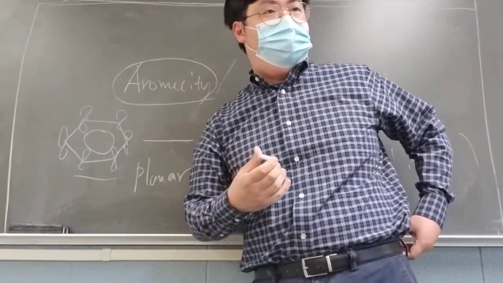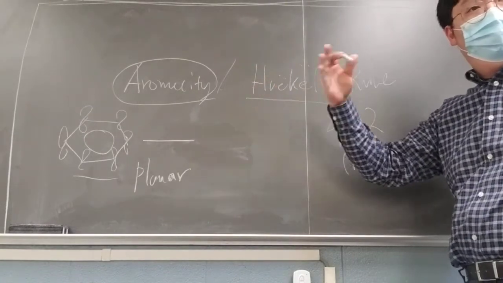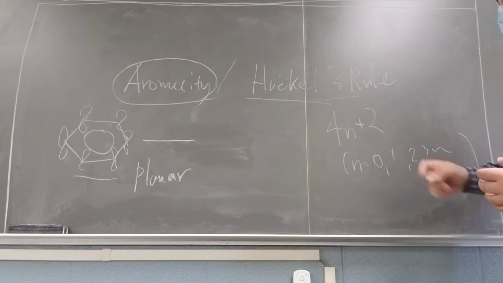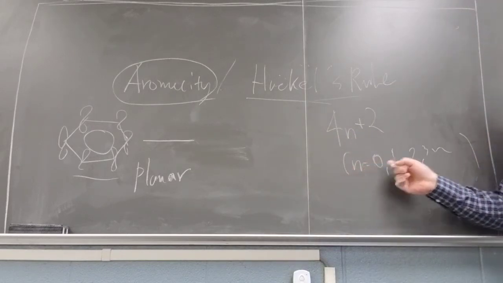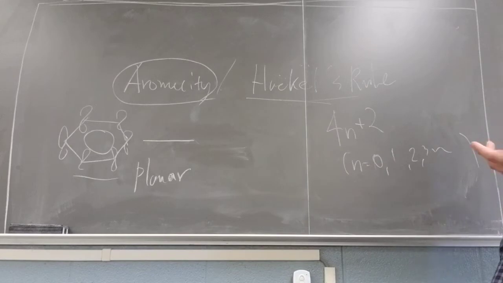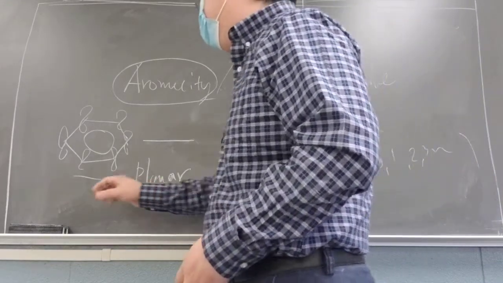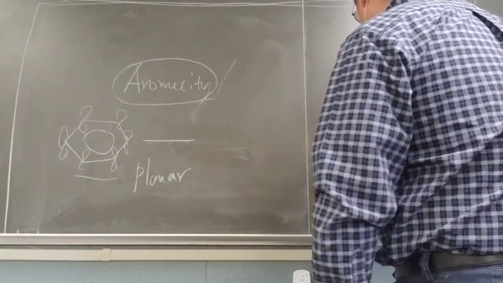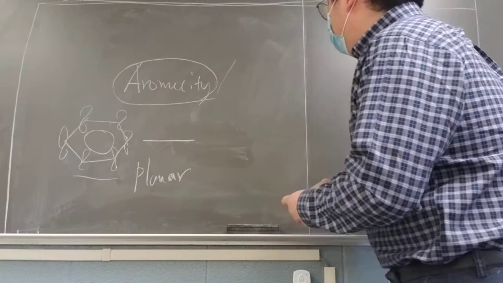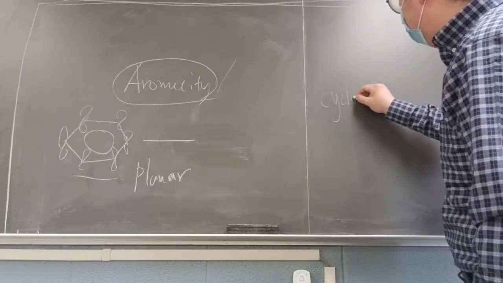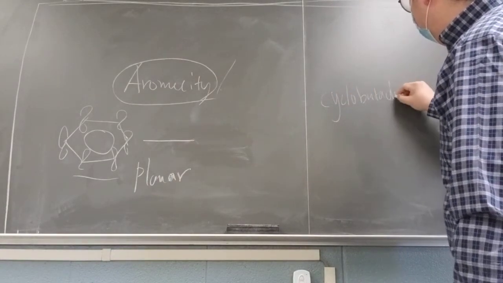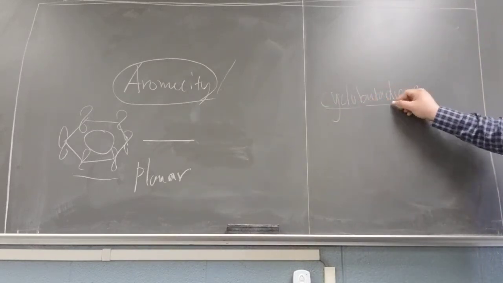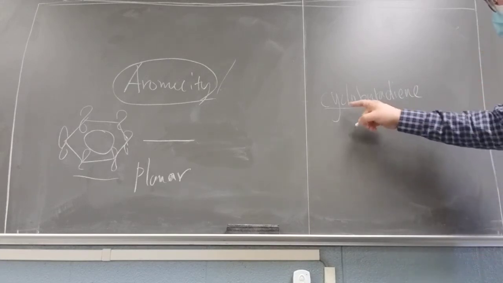That's what it means, and it gives some special property. We name it aromaticity. To have this aromaticity in a cyclic compound, you should follow Hückel's rule, which is 4n plus 2, where n is any integer including 0. Okay. So for example, if I give you cyclobutadiene, cyclo means it's a ring structure, right? And buta means there will be 4 carbons in the ring.